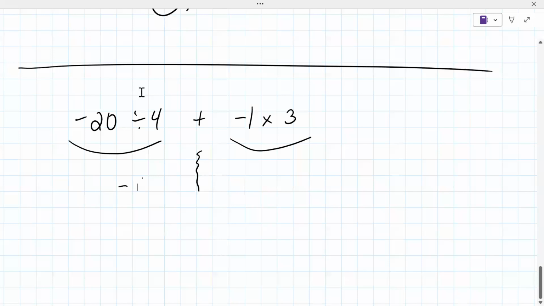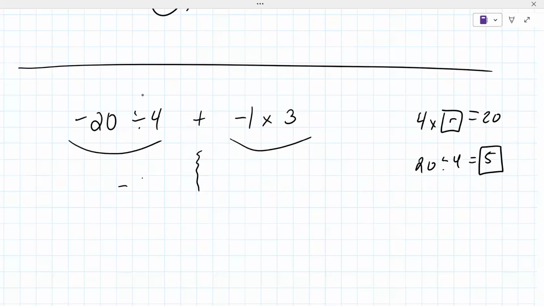You're dividing, so the result should be smaller. So 4 times what number gets you to 20? 5. So 20 divided by 4 is 5. Is it positive or negative? Negative 5. What about the one on the right here? Negative 1 times 3 is going to be positive 3, because 1 is closer and 3 is farther from 0.